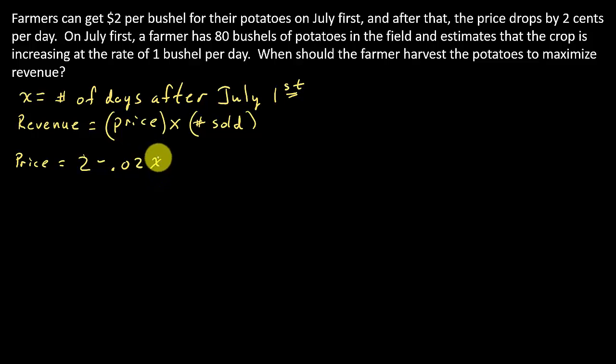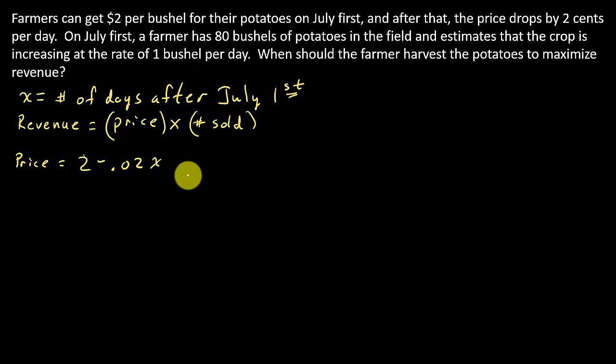So if x is 1 day after, then it's going to be 2 minus the 2 cents. If it's 2 days after, then it's going to be 2 minus 2 times 0.02, that would be 0.04, so minus the 4 cents, and so on. So that's how we represent the price.